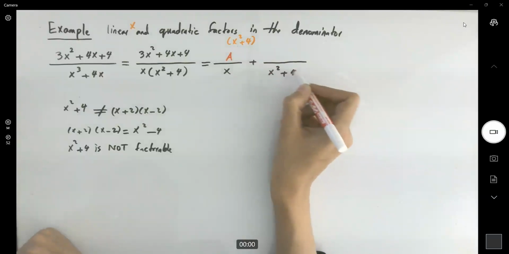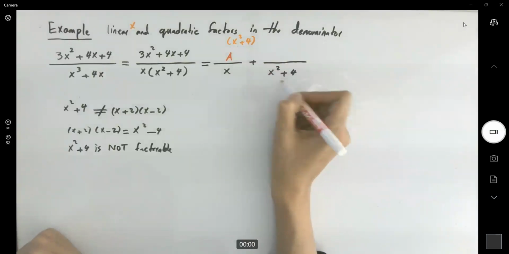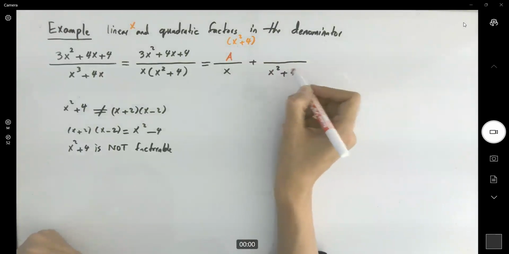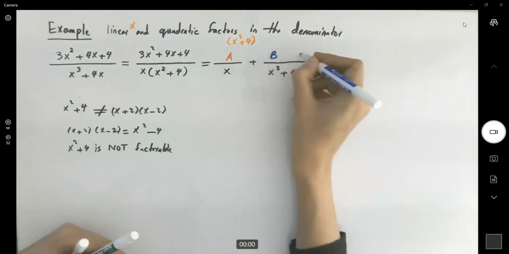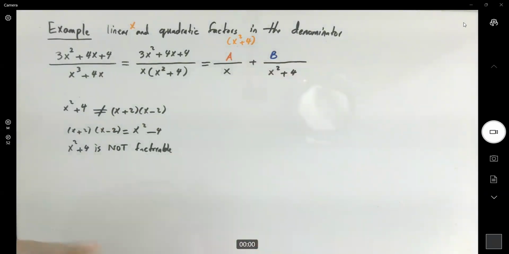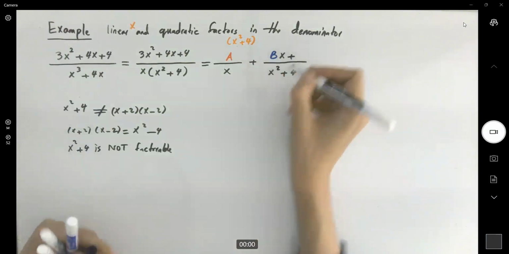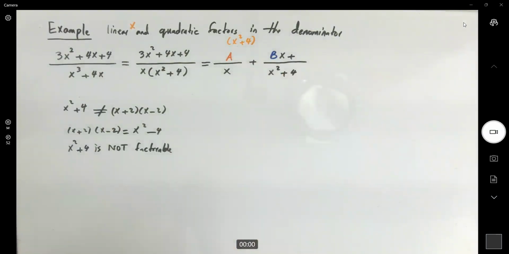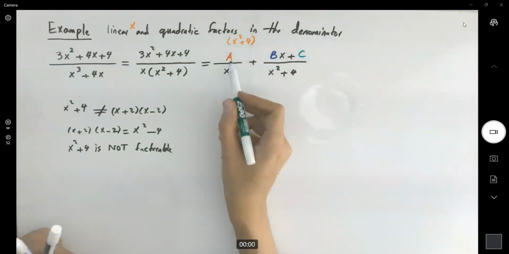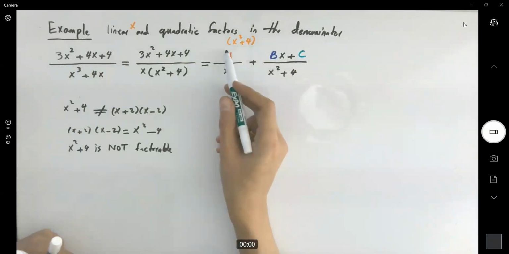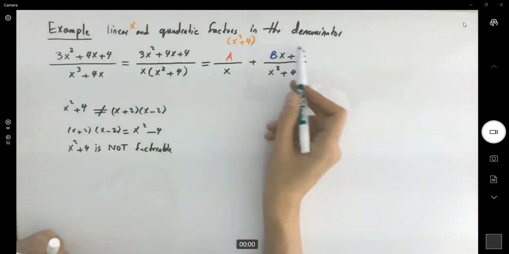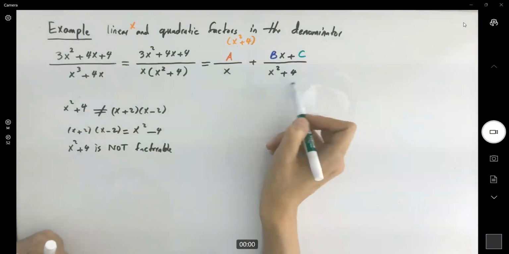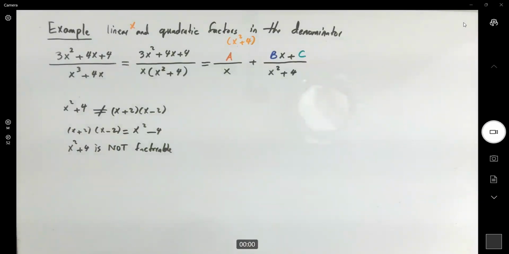Here you have a quadratic expression. 1 degree less than a quadratic expression is a linear expression. So here you're going to have bx plus c. A is a constant on a linear expression plus a linear expression on the quadratic expression.